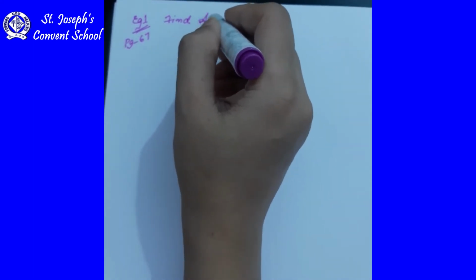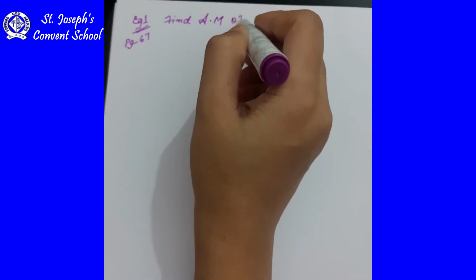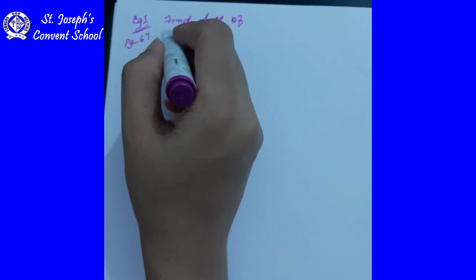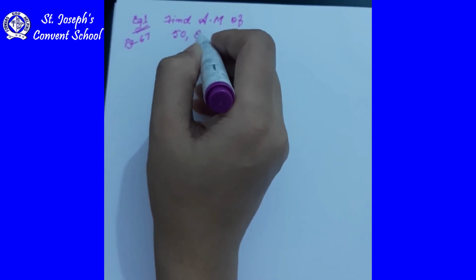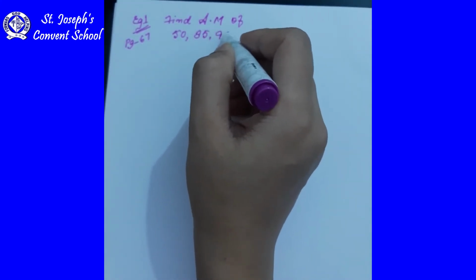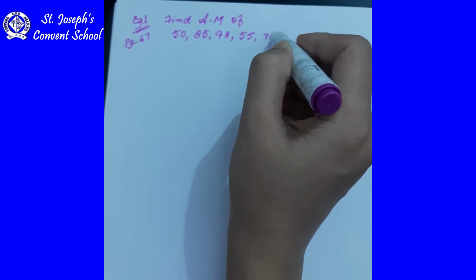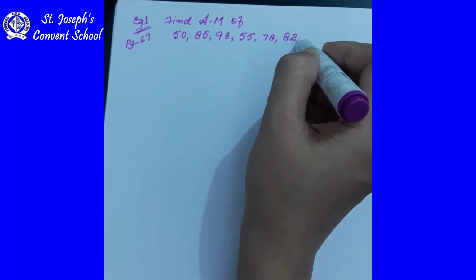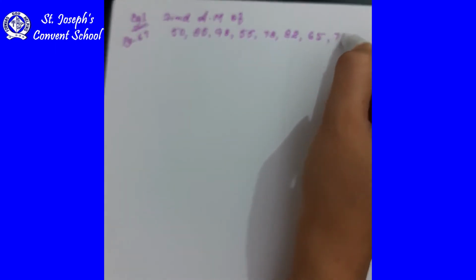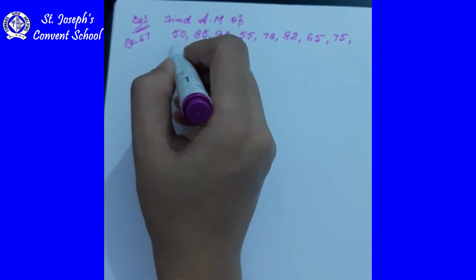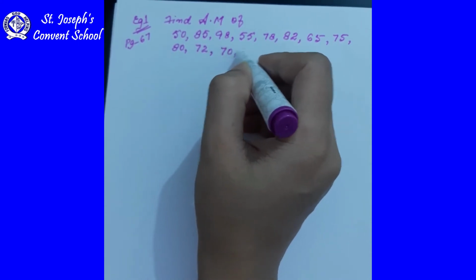You have to find the arithmetic mean. The short form of arithmetic mean is AM. Find AM of, now the values are given, numbers are given actually: 50, 85, 98, 55, 78, 82, 65, 75, 80, 72, 70 and 90.